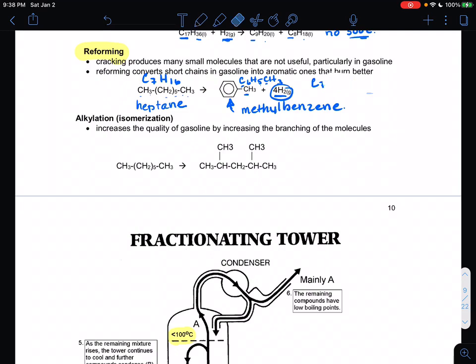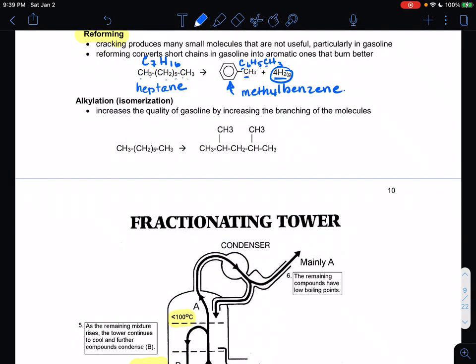So again, this is kind of the second one you need to be able to recognize. It's called reforming. And what you have is you have a straight chain that forms a benzene ring. And it can have 1 branch, 2 branches, 3 branches, doesn't matter, but it forms a benzene ring and a whole bunch of hydrogen gas. All right?